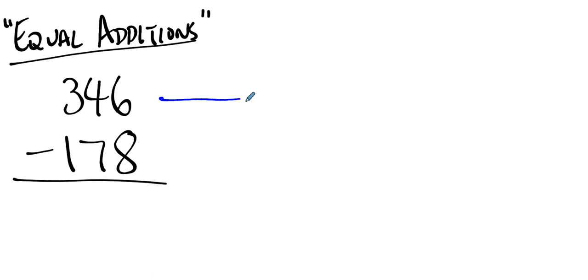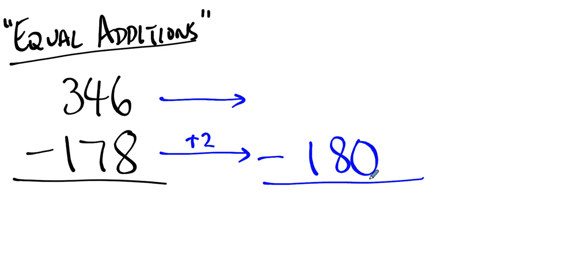And so I'm going to add a number both here and here so that I don't have to borrow in this place. If I add 2, I won't have to borrow in the ones place. But to do that down here, I've got to do it up there.